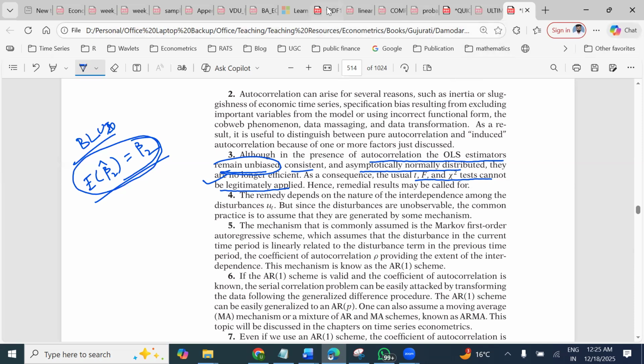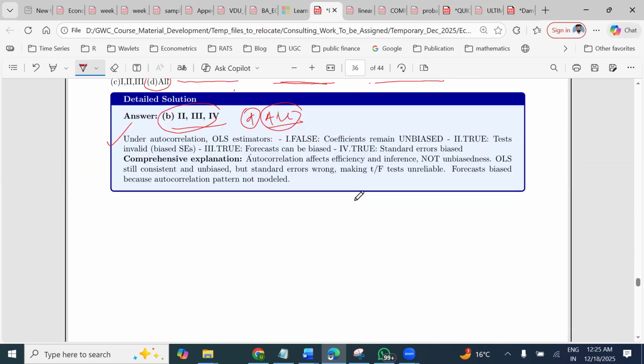Okay, now it is subject to your interpretation, because in the book they have not referred to which source they are using. The question is not clearly stated, sir. Biased and misleading: you have to read Gujarati to confirm it. Based on this assumption, this option seems to be correct. For all of the above, you have to interpret the first statement.